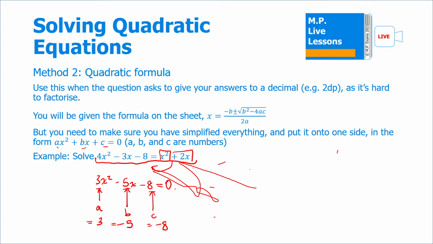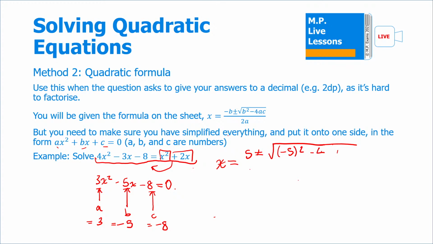So if we put this into the formula, we get x equals negative b, so that's 5, plus or minus the square root of b squared, so minus 5 squared, minus 4 times a, so times 3 times minus 8, all divided by 2 times 3.